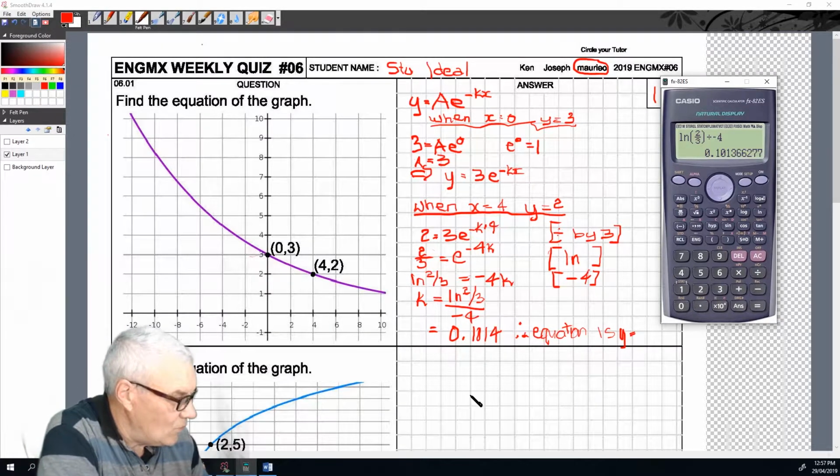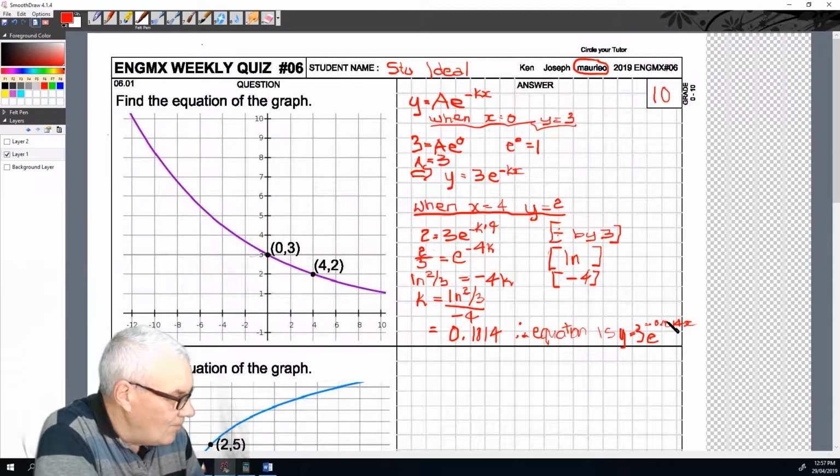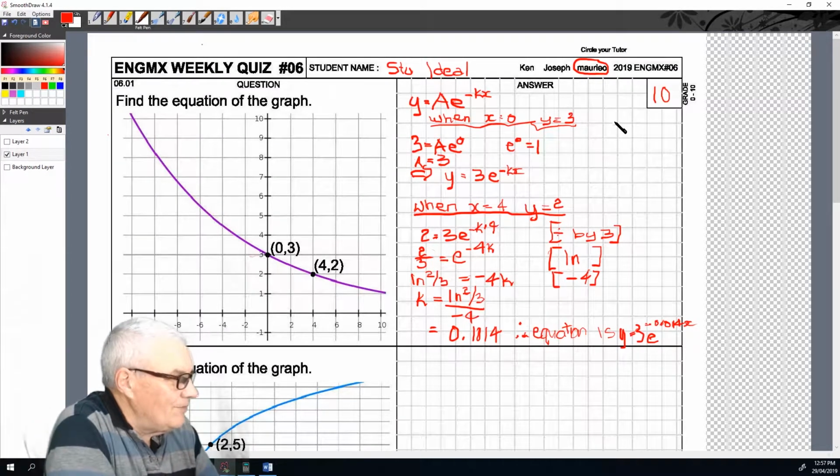Oh yeah, y equals 3e to the negative 0.1014x.